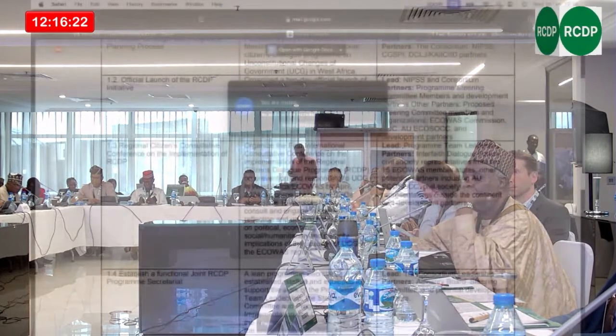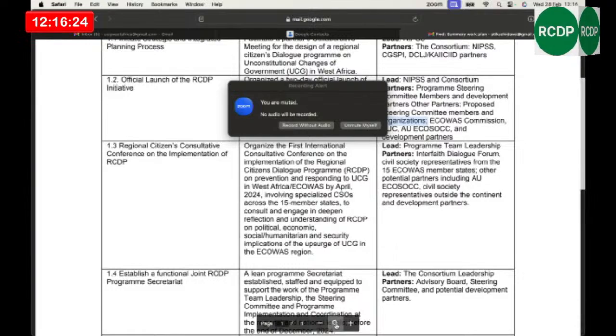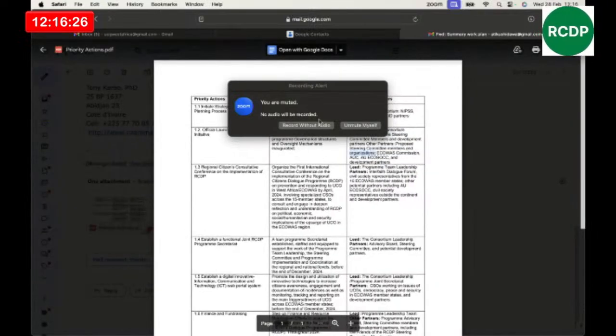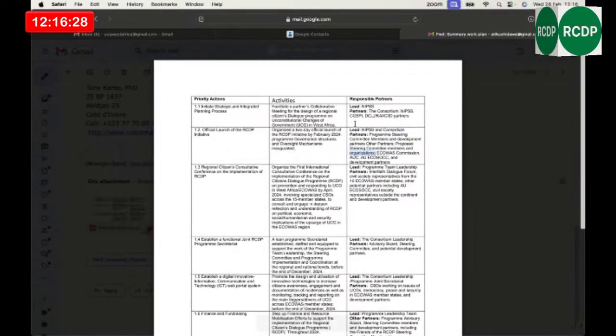Of course, as we all know, a major task involved in the implementation of any program or project will have to involve resources.